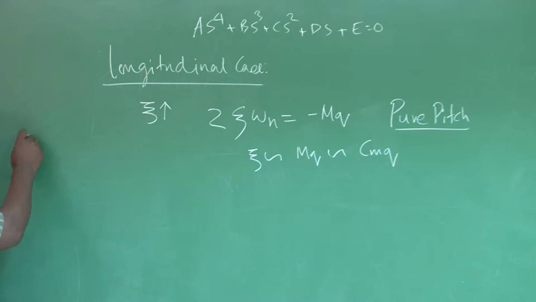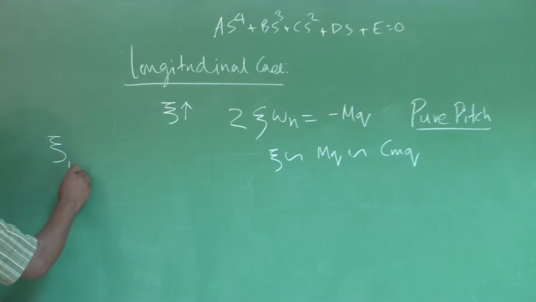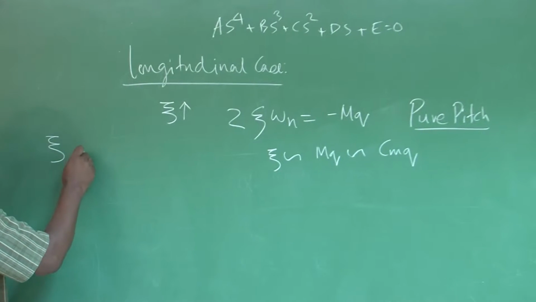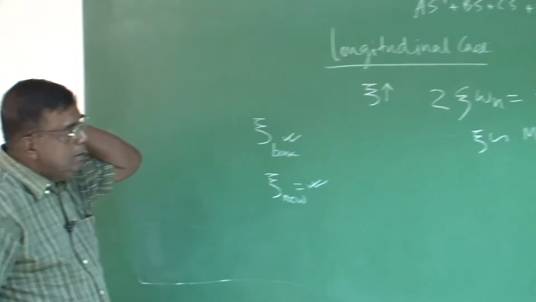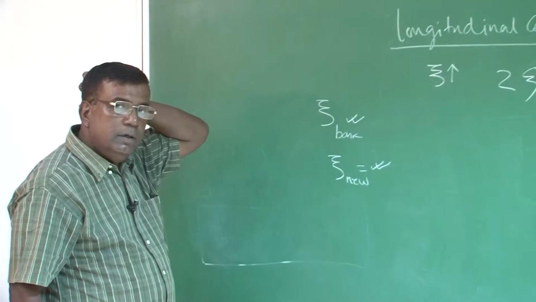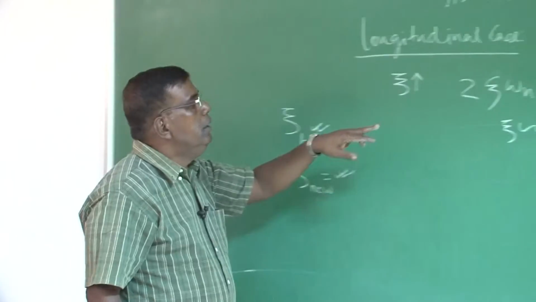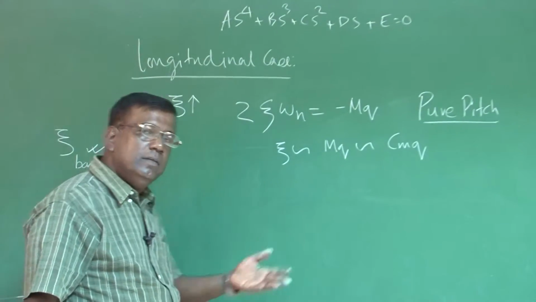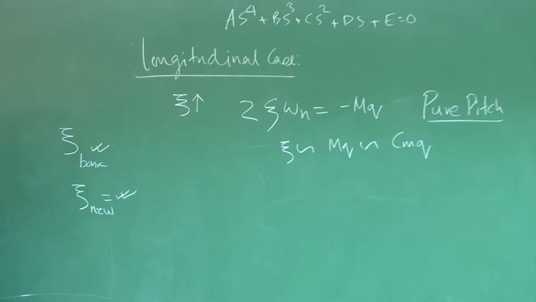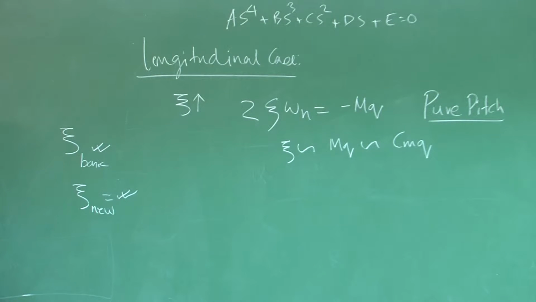So suppose the airplane has zeta basic. Now you want to increase the zeta to zeta nu. That is the question. Because you are not happy, you find that as I am going higher and higher, the zeta is also reducing, because zeta, if you see here, from mq is nothing but half rho v square s c bar cmq by iy, and other terms are there.